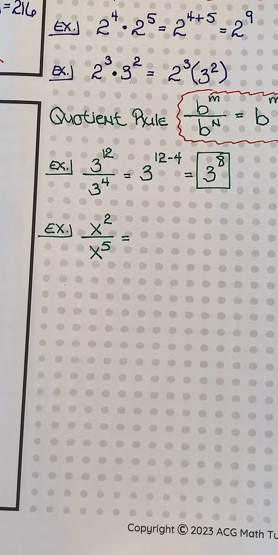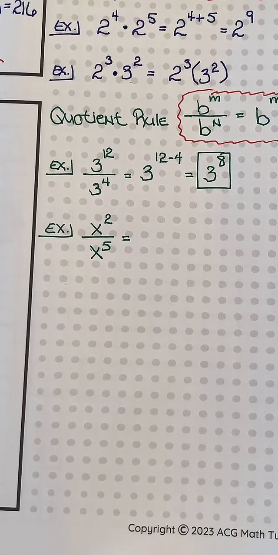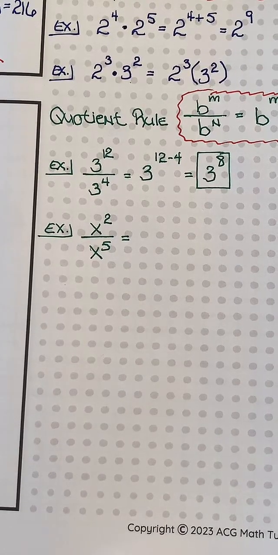Okay, very close, Jasmine. Muna, welcome back, Muna. Kasha, yeah. Kasha, yes. So what's 2 minus 5? Just finish it out.